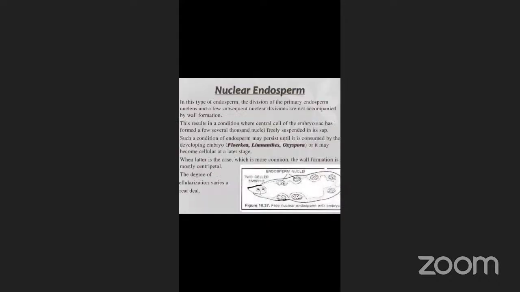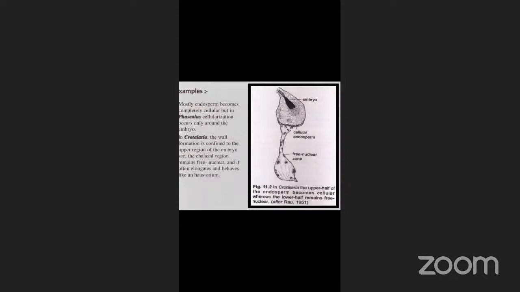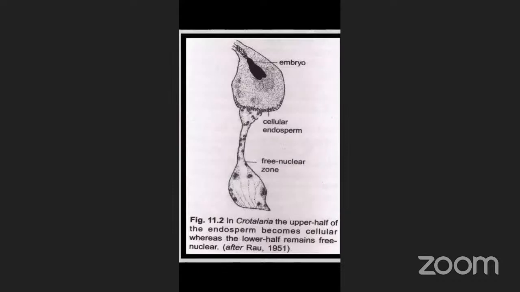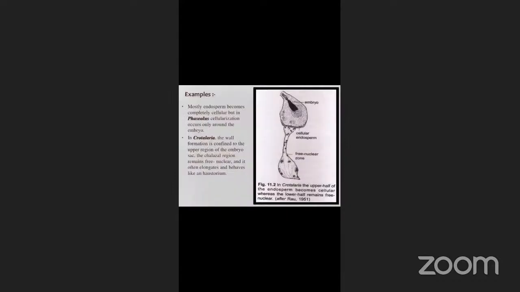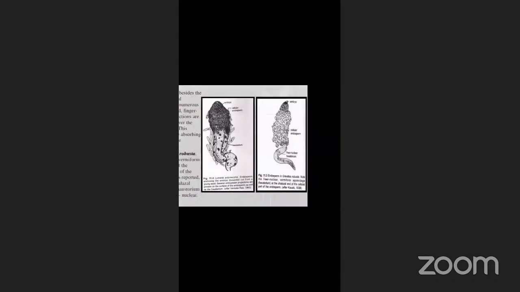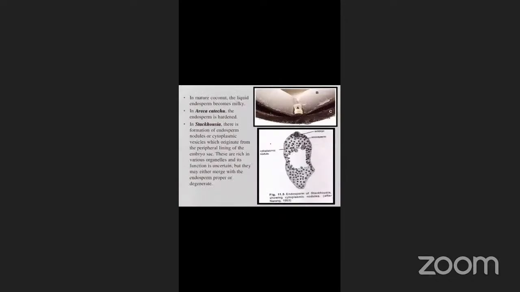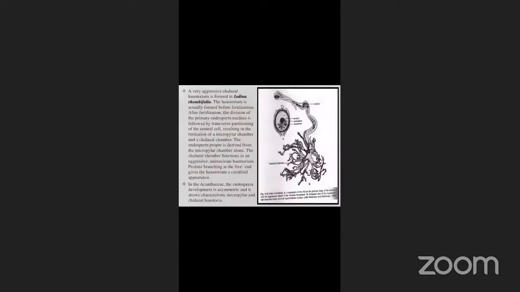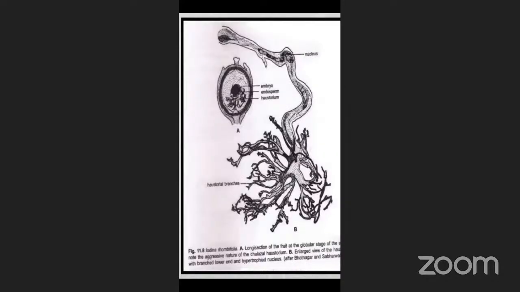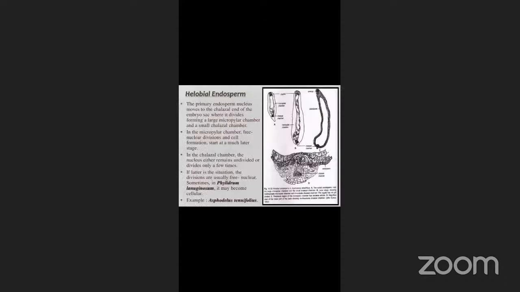This is an example: embryo, cellular endosperm, and free nuclei. Next, cellular endosperm is over. This is cellular endosperm. Helobial is also over. Next, embryo sac development.